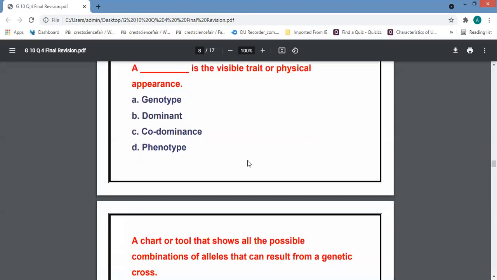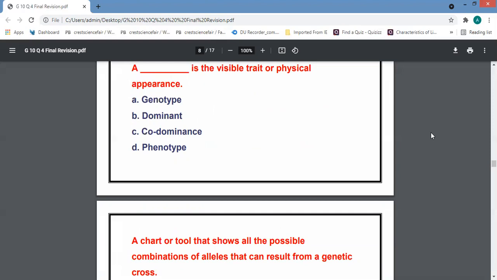Next is the visible trait or physical appearance. Which one? Phenotype.